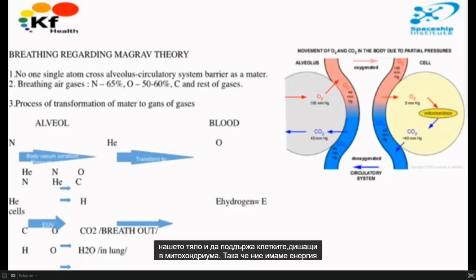So we have our energy in our body just because of the energy of hydrogen.